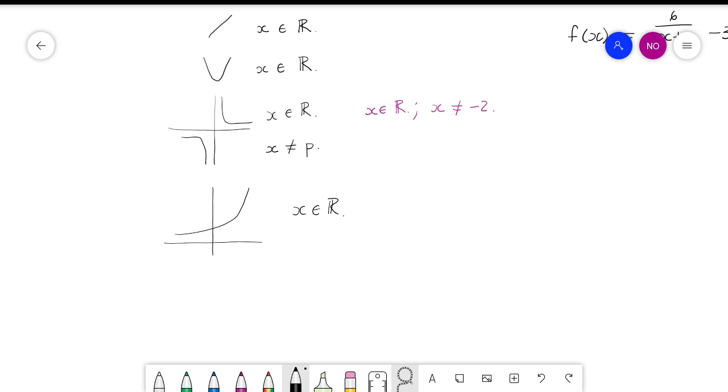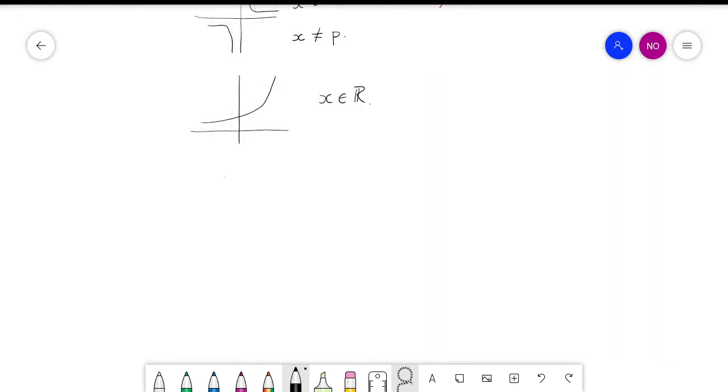Okay. Terwyl ons besig is met hom, wil julle gou vinnig die waardeversameling ook hersien? The range, which is all the y values. Okay, so when we're doing range in Afrikaans waardeversameling, wat beteken dis die y-waardes?